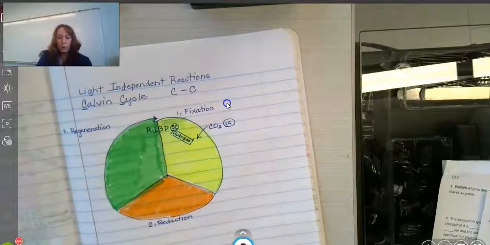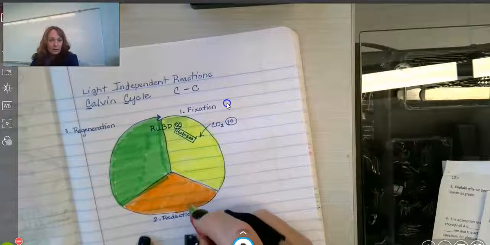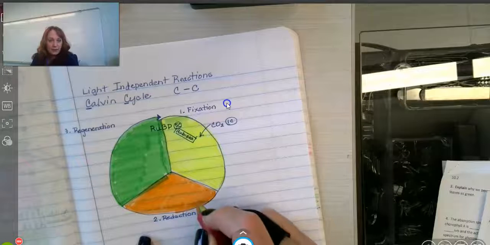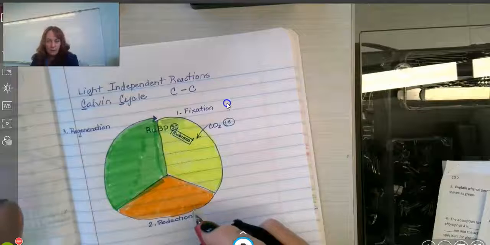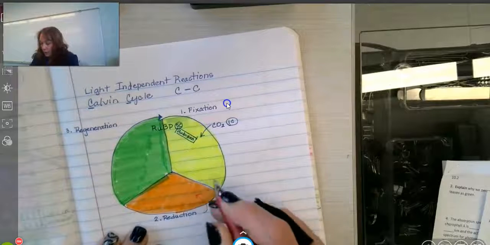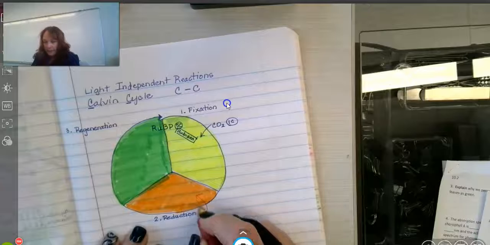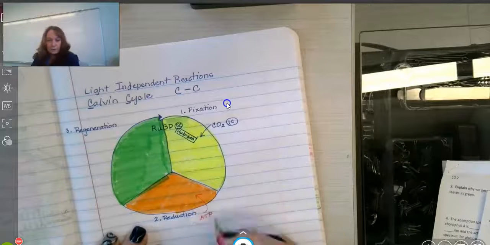So we're going to now use those products from the light reactions, the ATP and the electrons in the form of NADPH. So we're going to have ATP that's going to be used here, in this reduction part.